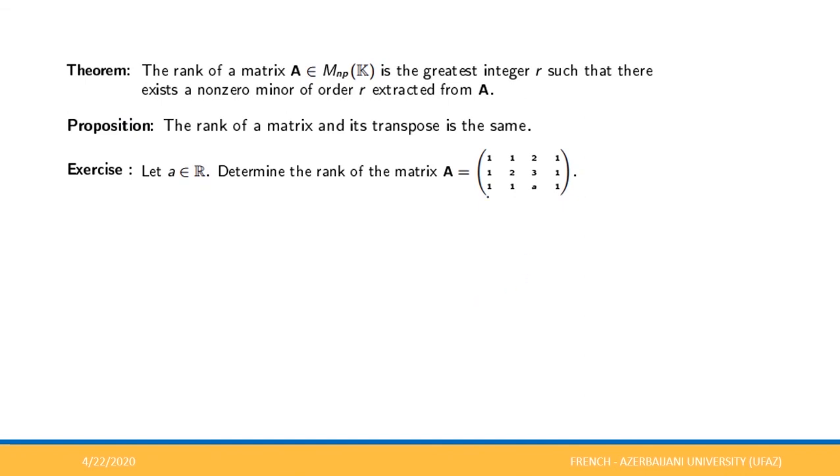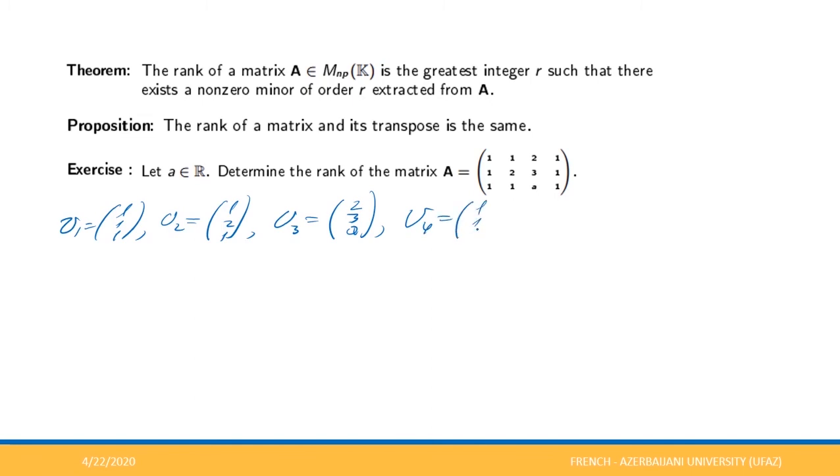First, we look at the column vectors. You see these vectors are elements of 3-dimensional space. V1 is 1, 1, 1, V2 is 1, 2, 1, V3 is 2, 3, A, V4 is 1, 1, 1.